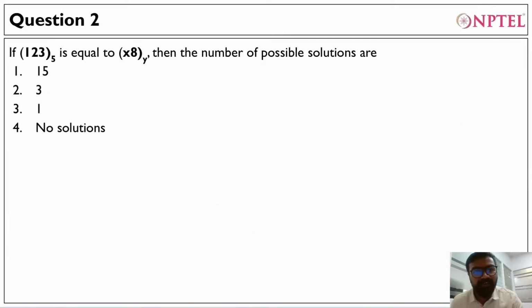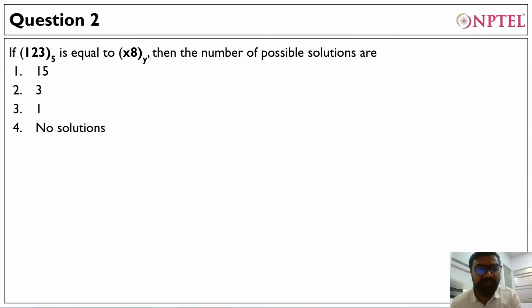Here, instead of having the number in the base, or the variable in the base, we have variable in the number also. Let's see what this question says. The question states that if 123 on the base 5 is equal to x8 on the base y, the number of possible solutions are?